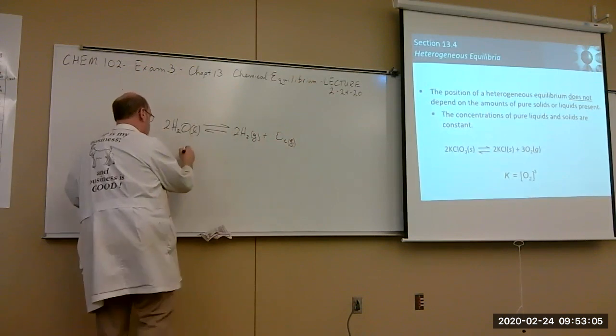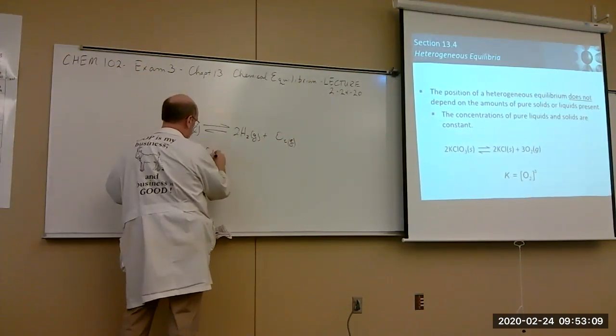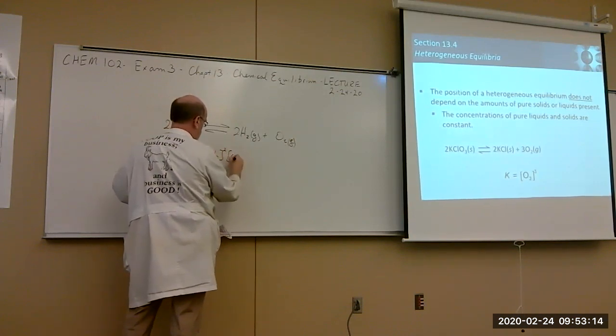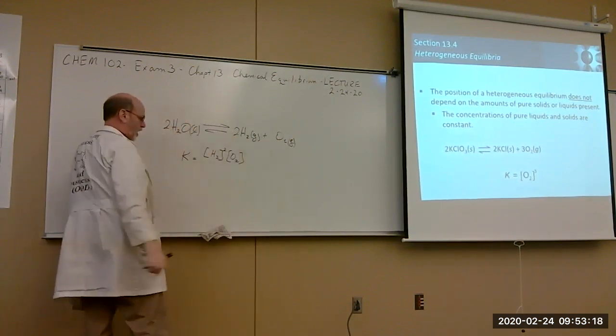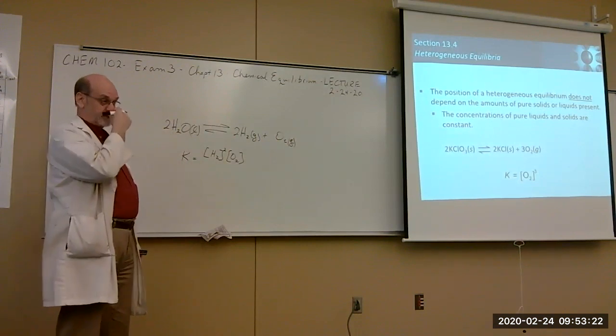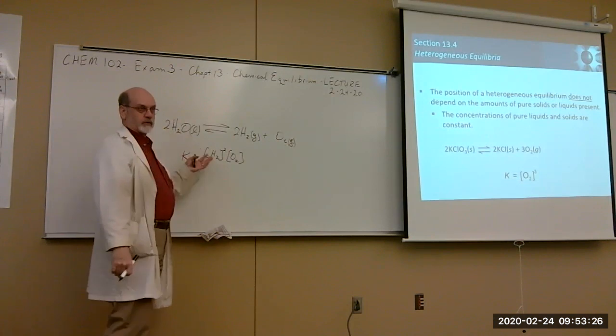So our equilibrium expression here, in terms of molarity, would just be H2 squared O2 to the first power. No water. It's pure. So you only have a numerator in this one.